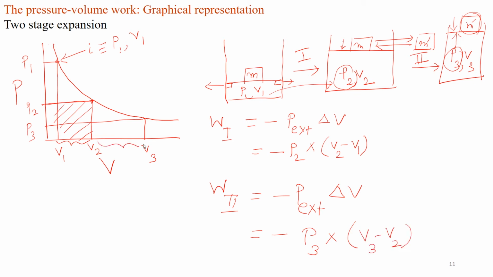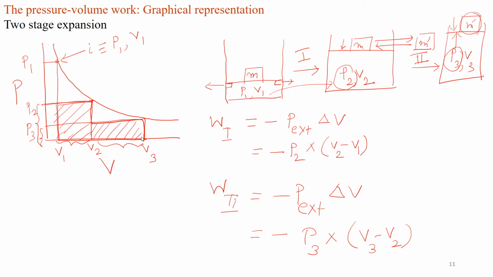So this is P3, and this is P2. The area under the curve is the work done. So the net work done, you can see, is this shaded area, this entire area. So what we learned?